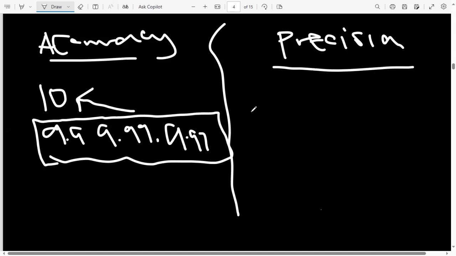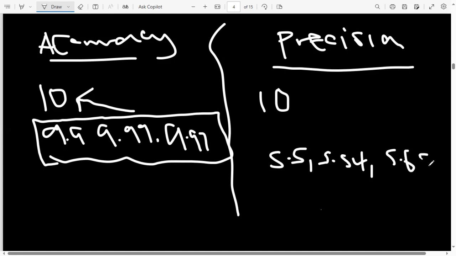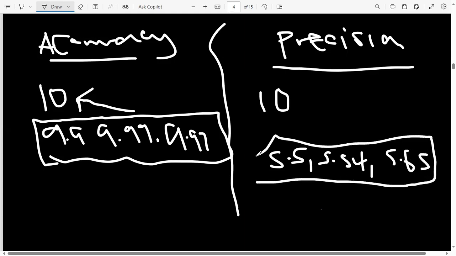Okay, and then when we talk about precision, it refers to how close multiple measurements are to each other, regardless of whether they are close to the true value. So if the true value maybe is 10, and then your measurements are 5.5, 5.54, 5.65, we see that these measurements are close to each other, quite right?